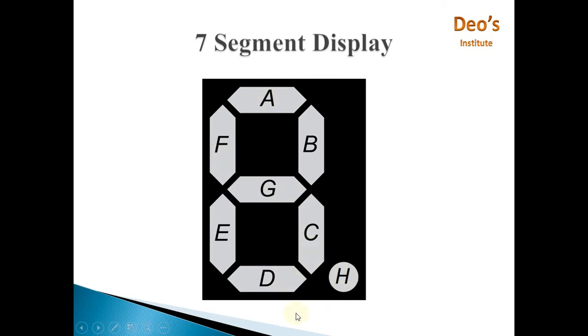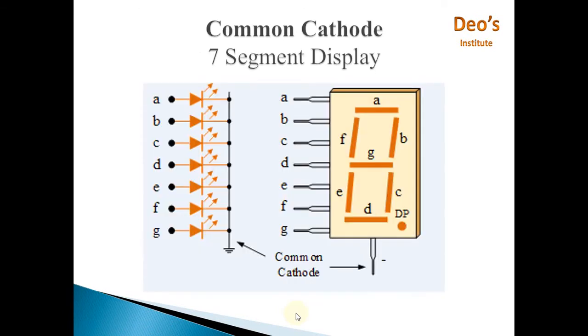Generally, there are two types of 7 segment displays. The first one is the common cathode display, in which all the LEDs' negative terminals are connected to a common terminal, and this common terminal is connected to ground.